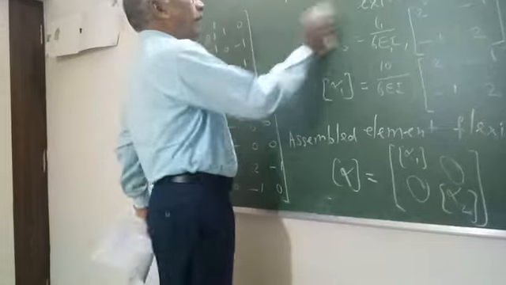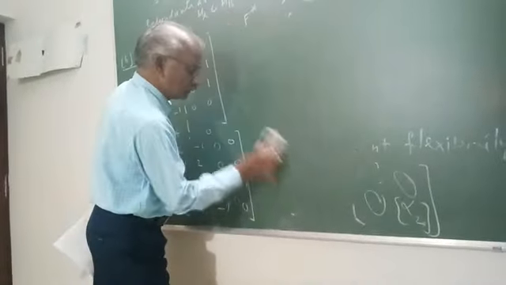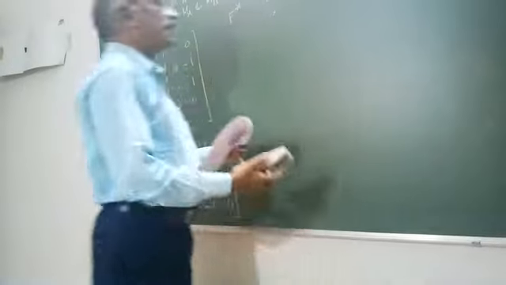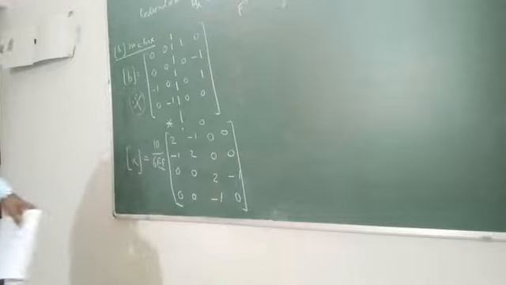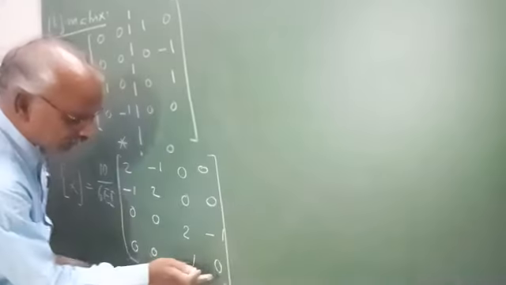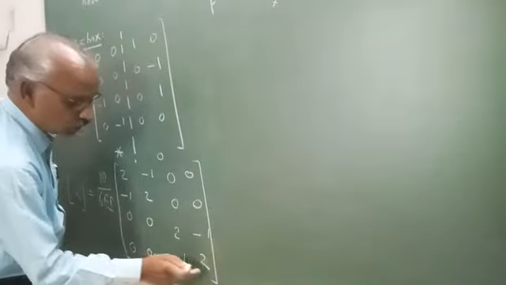Now, after getting the assembled element flexibility matrix, we can straight away find out the redundant forces. There is a small correction: this is 2, minus 1, minus 1, 2.